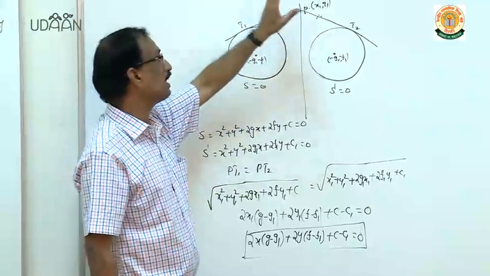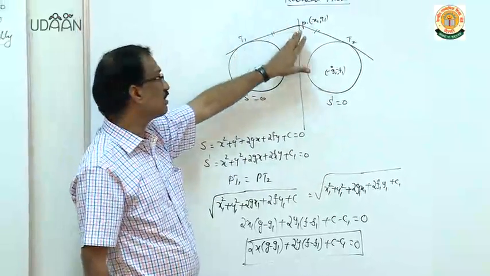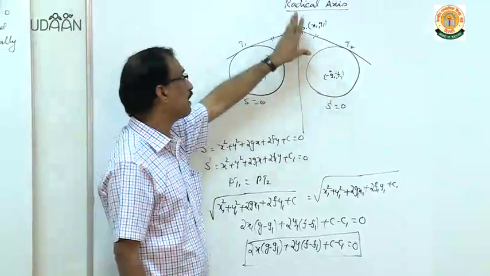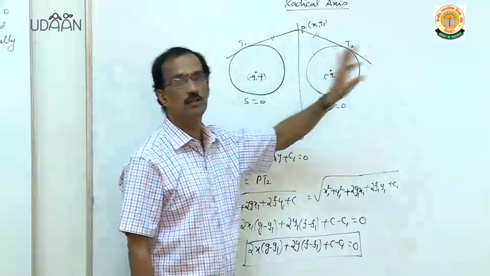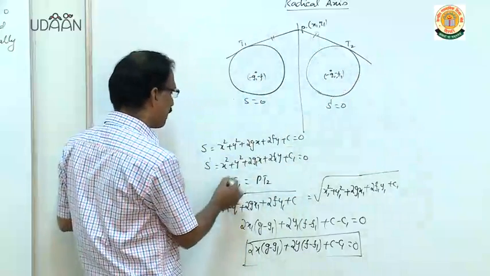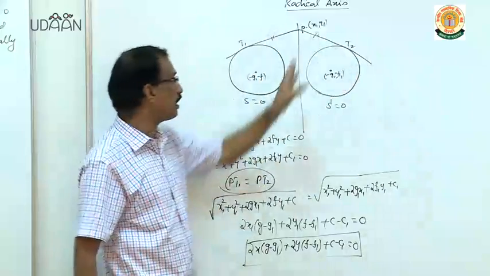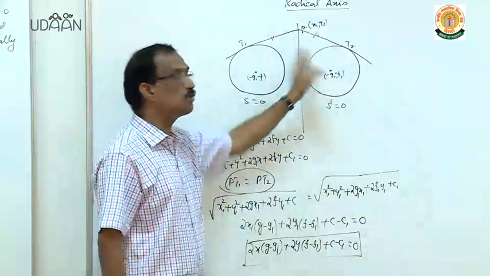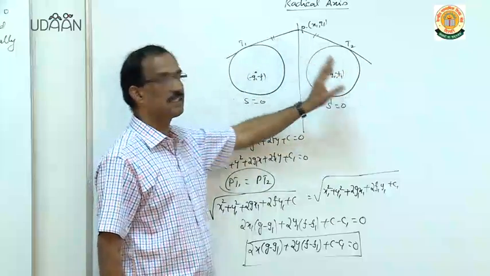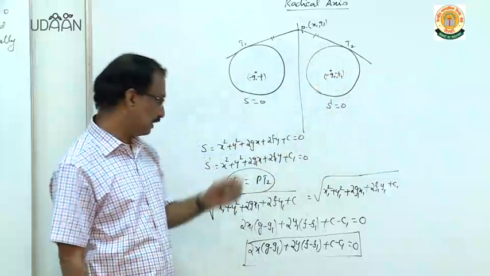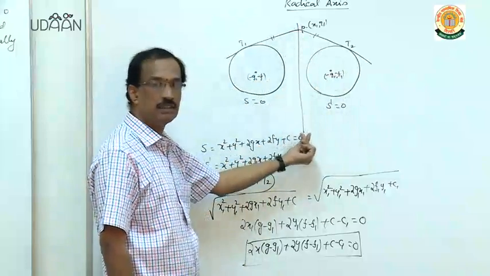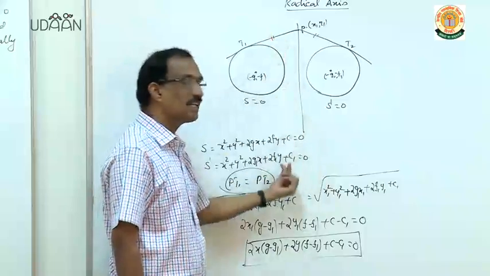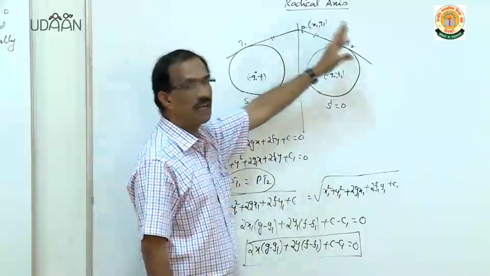The locus of a point, from which if you draw tangents to these circles, their lengths are equal. That is very important. If the tangents drawn from the point to the two circles are equal in length, then the locus of the moving point is a straight line. That straight line is called a radical axis.